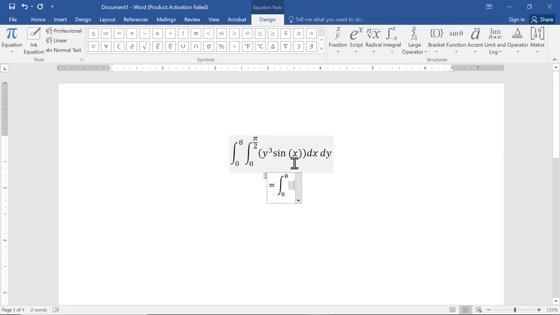So we're taking the antiderivative of sine of x, and that's going to give me y to the third times negative cosine of x. I'll put the negative out front. And obviously we're integrating that from 0 to pi over 2.